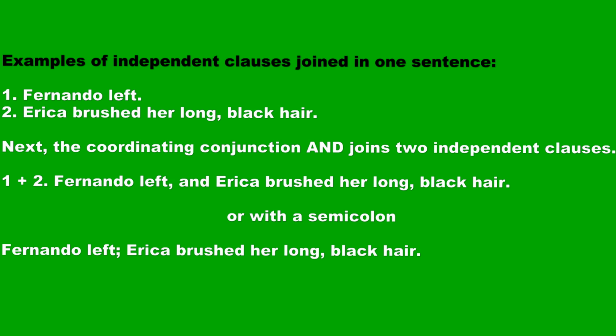In this case, we can join the two independent clauses into one sentence with a coordinating conjunction, and. 1 and 2 together: Fernando left and Erica brushed her long black hair. Or we can join them together with a semicolon. Fernando left; Erica brushed her long black hair.